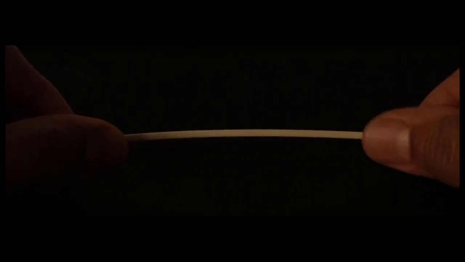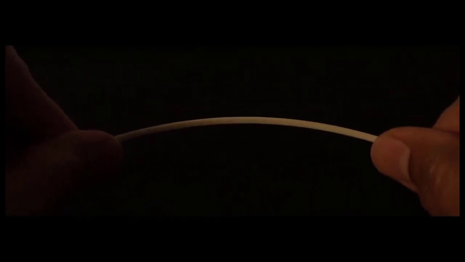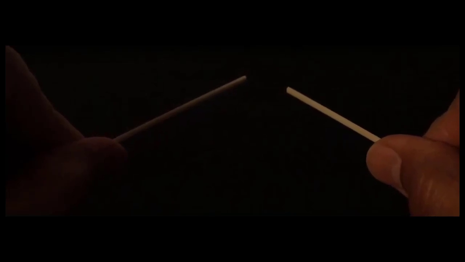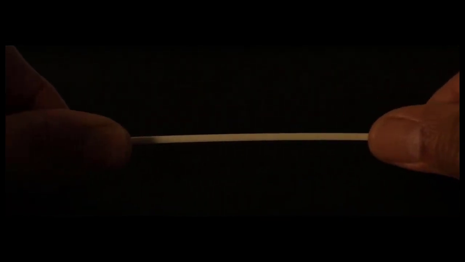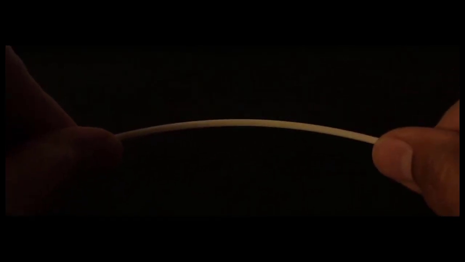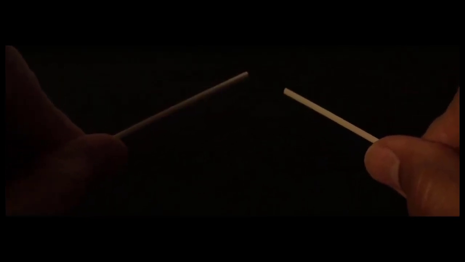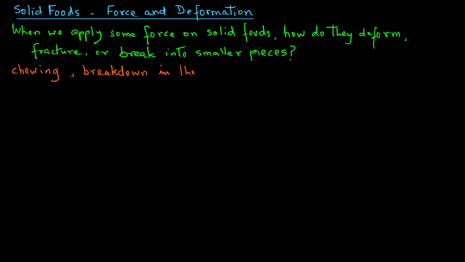If you take a Japanese noodle called udon, and if I try to bend it, we know that it breaks, and we generally call it a brittle material. So there are various ways that a material responds when a certain force is acting on it.